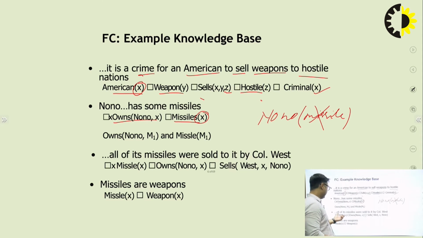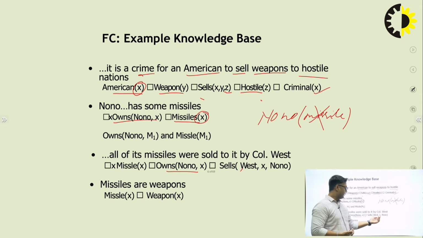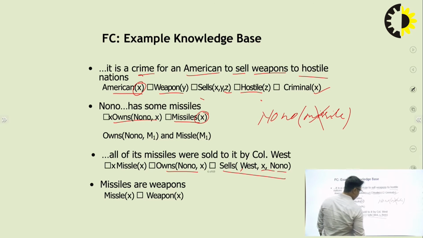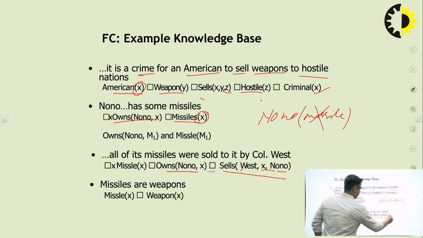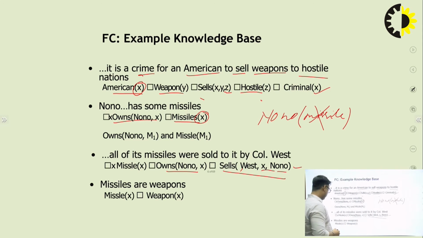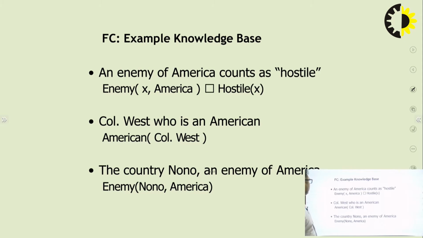First, missiles: Nono owns some missiles, and the seller is West: West sells missile to Nono. Then, West sells weapons to Nono. That is how we have to use the statement. And the last line is that missiles are weapons, so missiles are weapons.